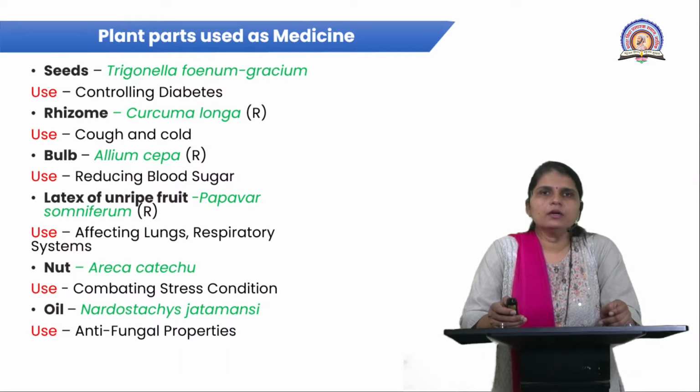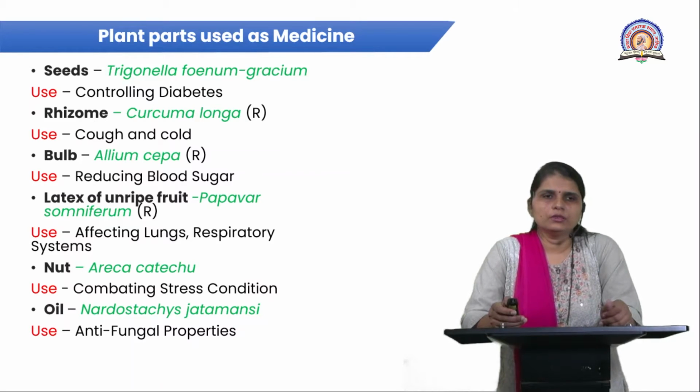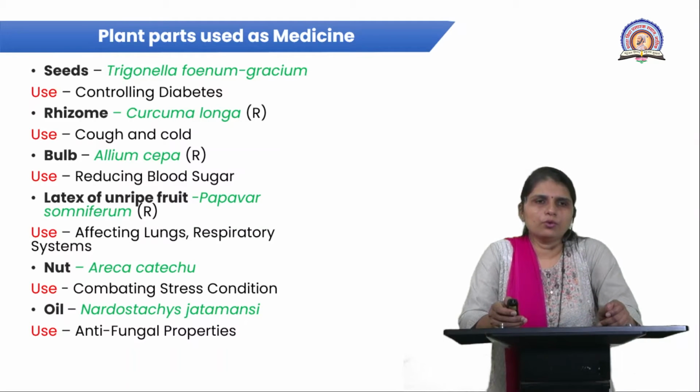Then next one is the rhizome. The rhizome of Curcuma longa is used as medicine for cough and cold. Using this also in your decoction or kada, you have Curcuma longa to cure cough and cold.